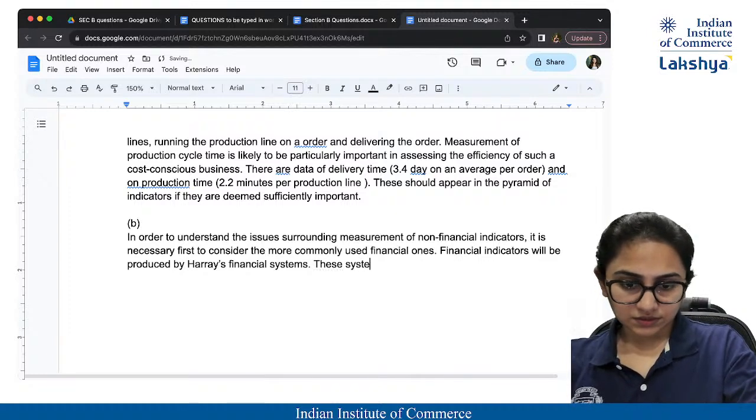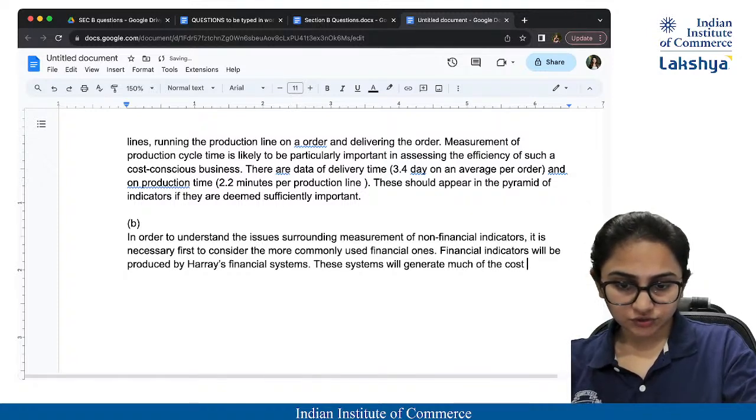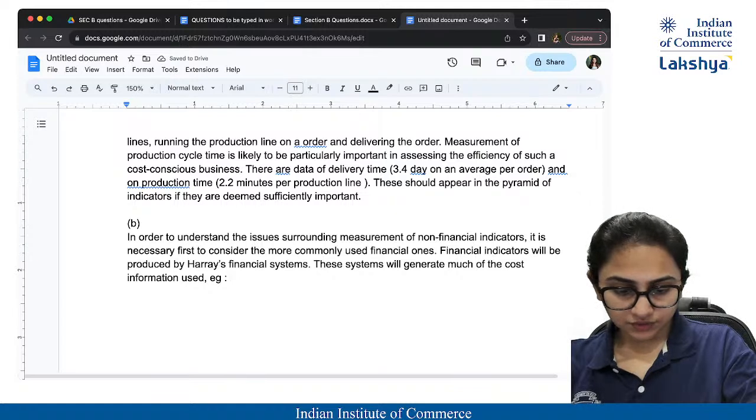These systems will generate much of the cost information used, for example, measuring the cost of quality.